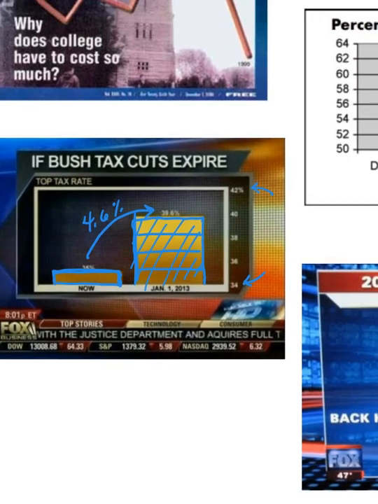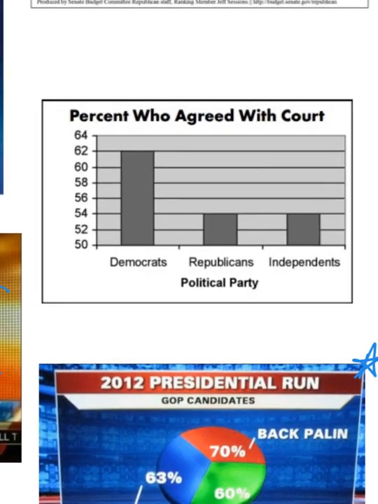The area principle made it look like it has quadrupled, when in fact it's just gone from 35% to 39.6%. So it's just gone up 4.6%. It has not gone up 400%. Okay, and you can see that they're putting these different scales on the side, 34% to 42%, to have that misrepresentation.